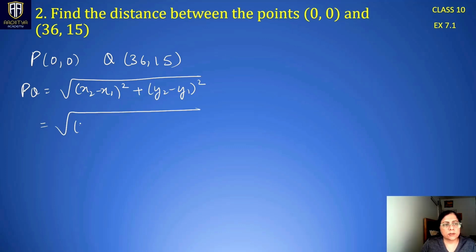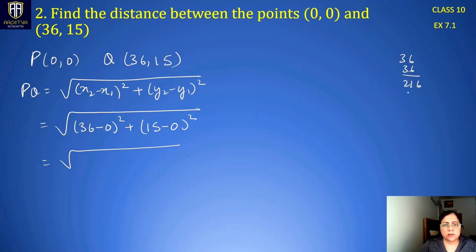Here x2 is 36 minus 0 whole square, y2 is 15, y1 is 0 whole square. So what is the square of 36? 6 6s are 36, 36 squared is 1296. The square of 15 is 225.